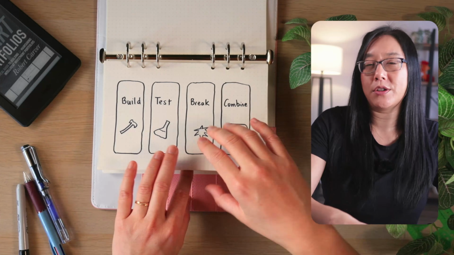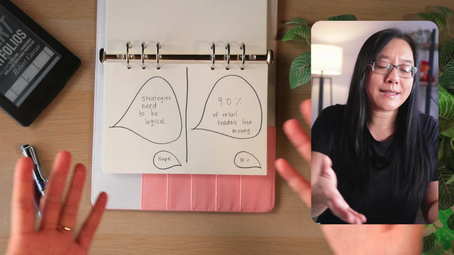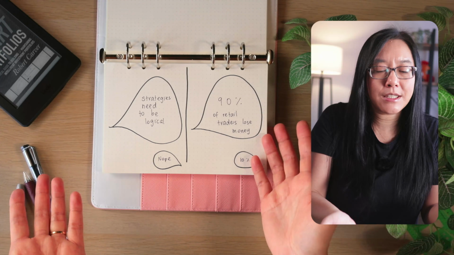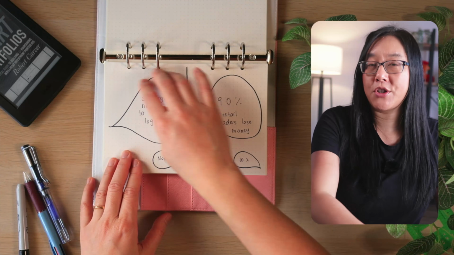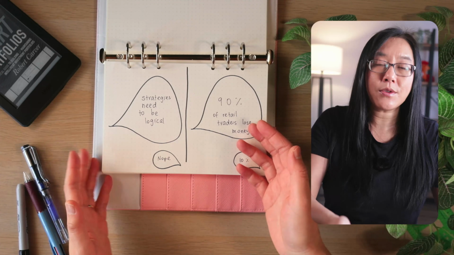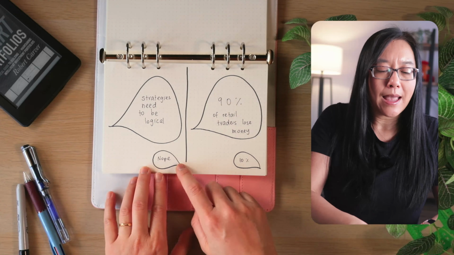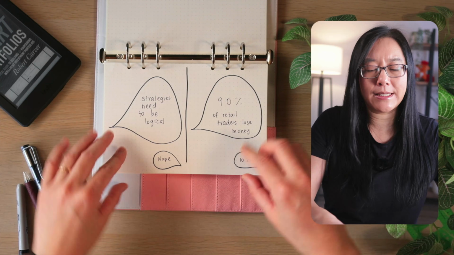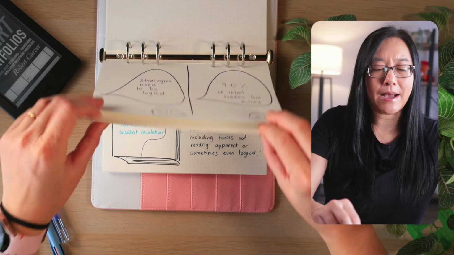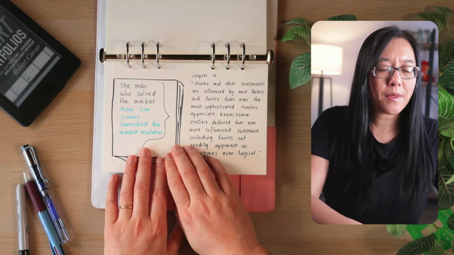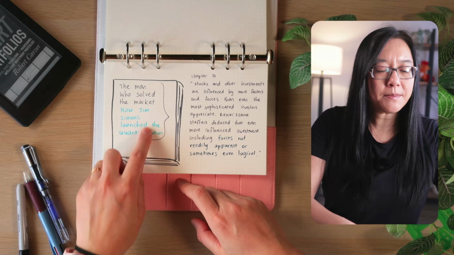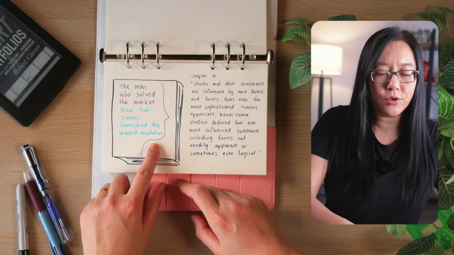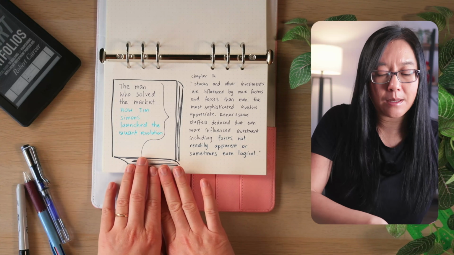And I know a lot of you don't believe me when I say not all your strategies need to be logical, because the majority of the information out there tells you, yes, it does need to be logical. And only a small minority of people say, not really. Let's talk about this book called The Man Who Solved the Market, How Jim Simons Launched the Quant Revolution. This is a fantastic book, by the way.